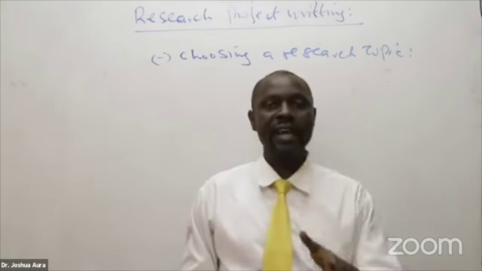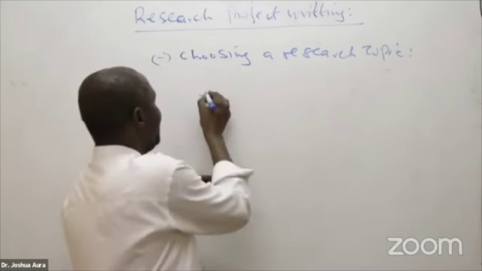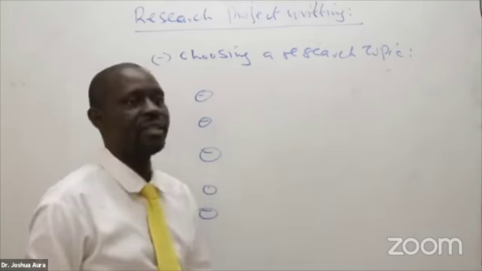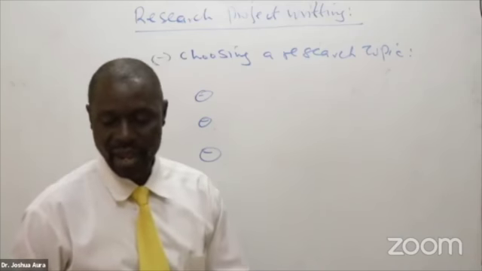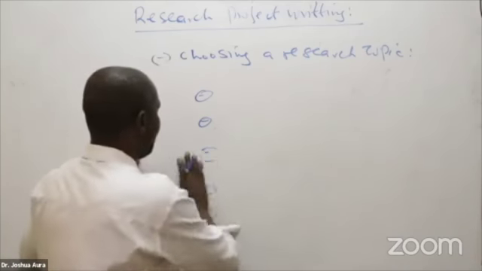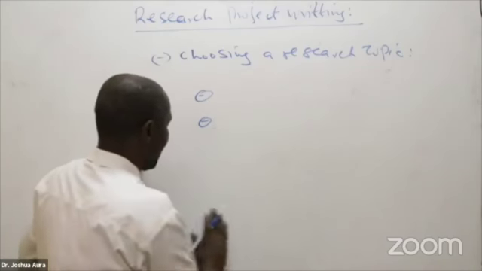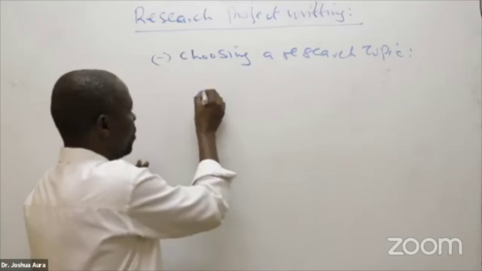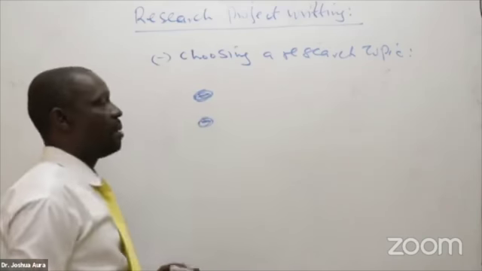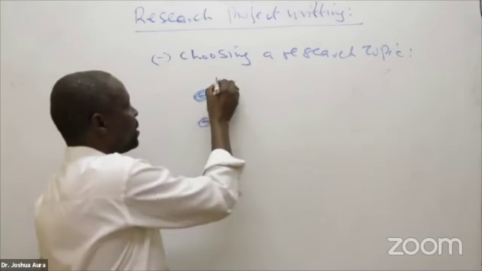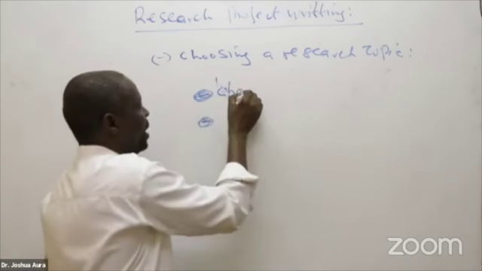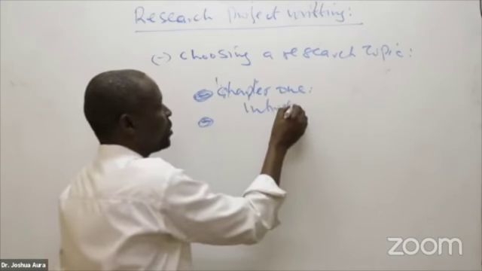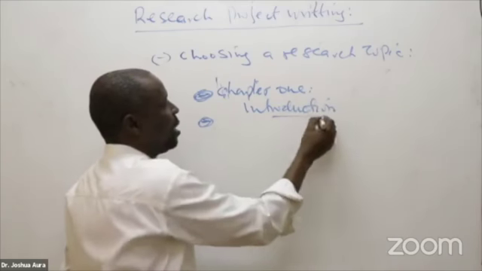Now, having said that, when you're writing your research, there are 6 chapters. But today I would just want to mention 3 of them, because the rest we shall see later. Very importantly, the first is called chapter 1, and chapter 1 is usually the introduction.